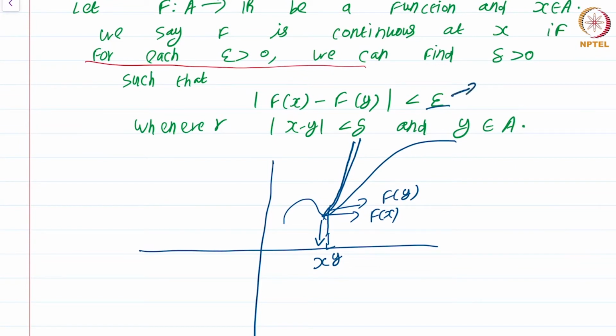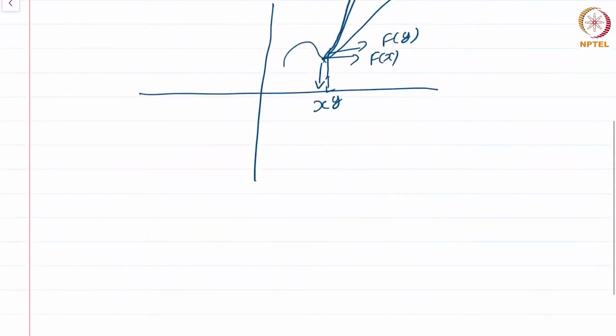I want f of y to be epsilon close to f of x. Then I'll have to return a value of delta which tells me how close y must be to x in order to satisfy the tolerance level. So one way to view this epsilon delta definition is as a challenge, the epsilon delta challenge.